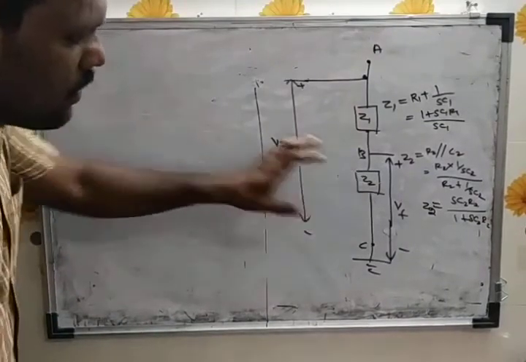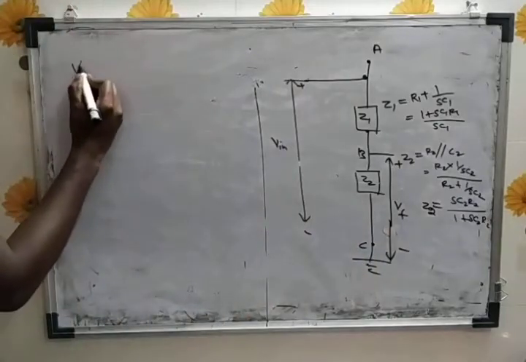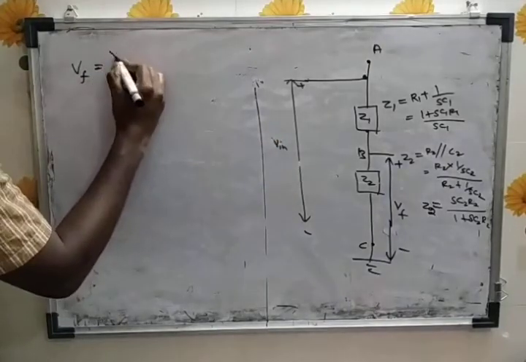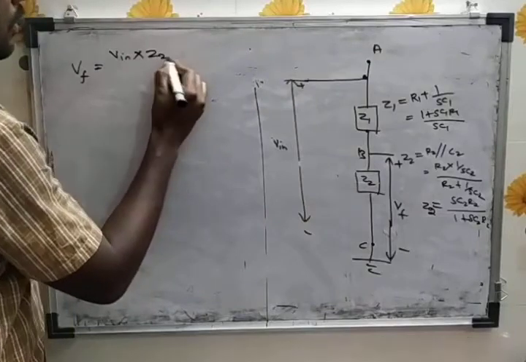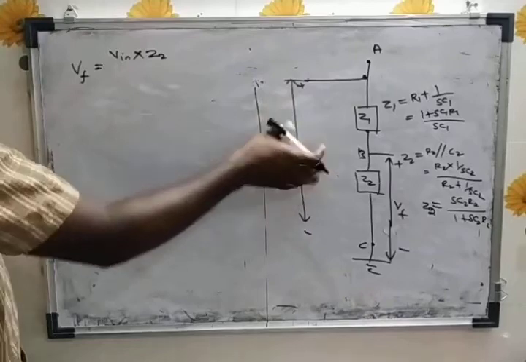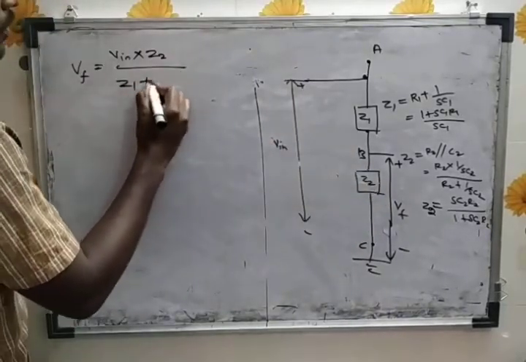So from this circuit we can write Vf is equal to Vin into Z2. It is the voltage division rule only. Vin is the total voltage, and the same branch impedance is Z2 divided by the total impedance Z1 plus Z2.